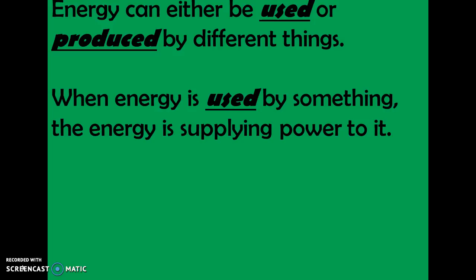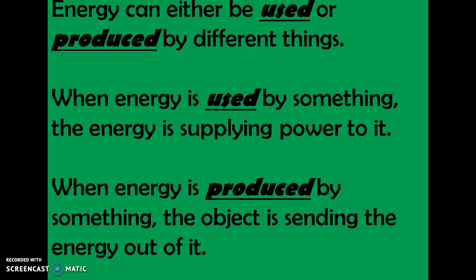For example, when we use a hairdryer, electrical energy is being used by the hairdryer. So if the hairdryer is using electricity to turn on and work, the hairdryer then produces or sends out thermal energy.